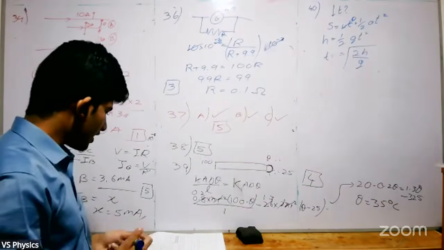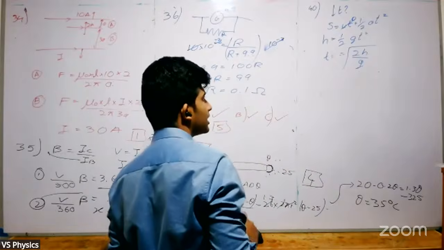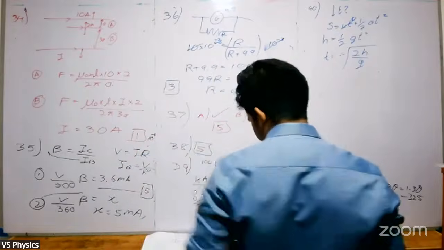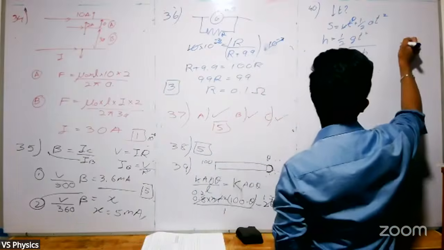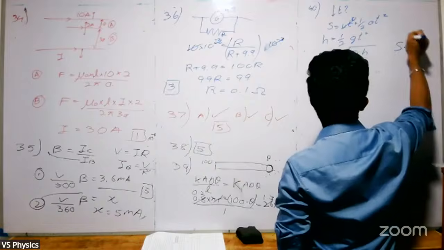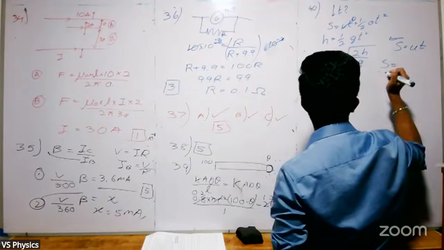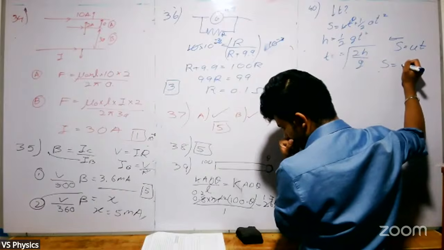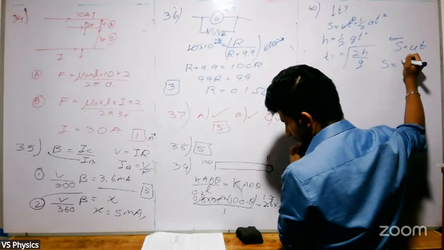Okay, thereby we have found the time for the height. Then we can use s equals ut, away from the center. How do we write the distance it is thrown?